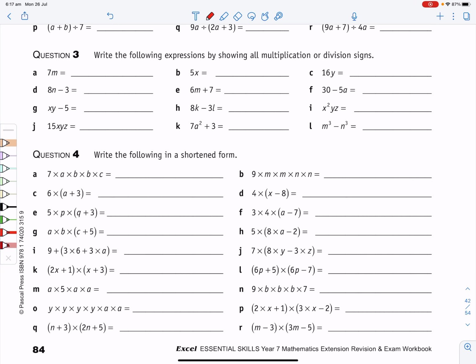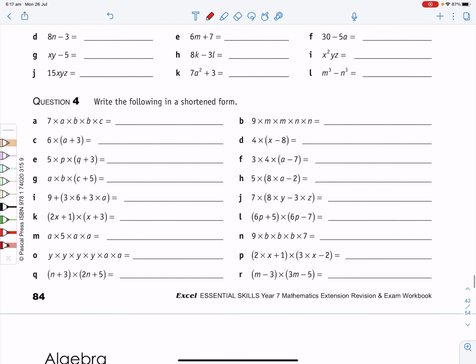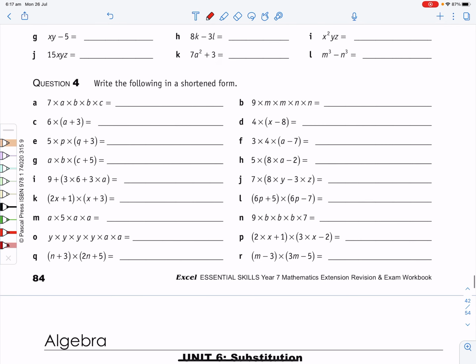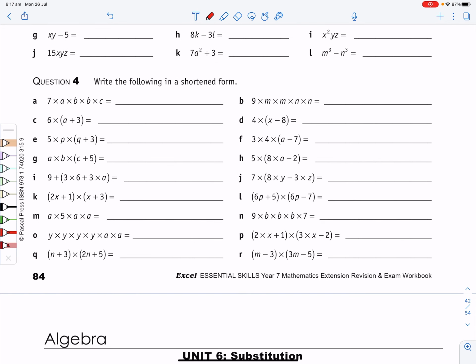Question 3 is an extension of question 2, and question 4 is also very similar. I'll do a couple of questions here. 6 outside of a plus 3, 5p outside of q plus 3, ab outside of c plus 5.